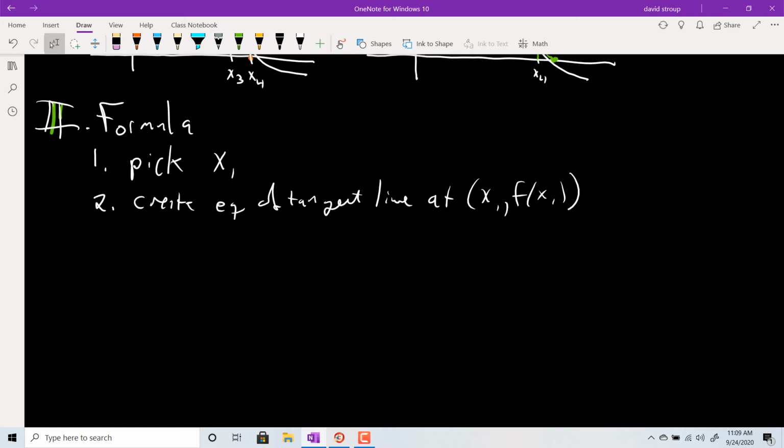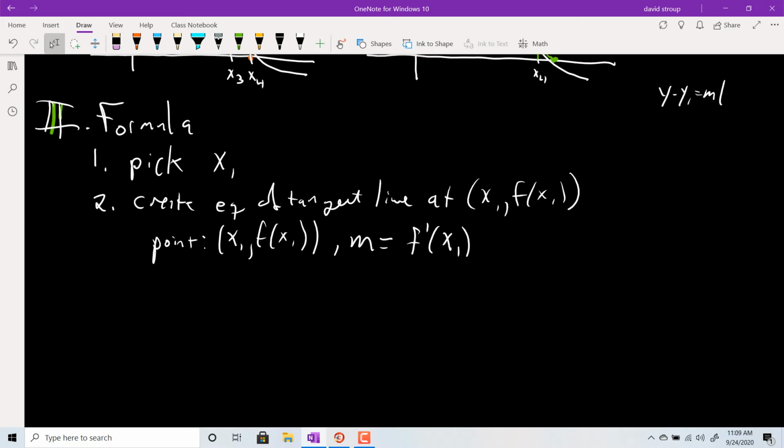Okay, so to create a tangent line equation, we need 2 things. We need a point and we need a slope, right? So our point, of course, is what we just noted, x1 comma f of x1. That's easy enough. The slope, we need a derivative. We need the derivative of f at x1. Okay. Then we could use the point-slope formula. If you remember, y minus y1 equals m times x minus x1.